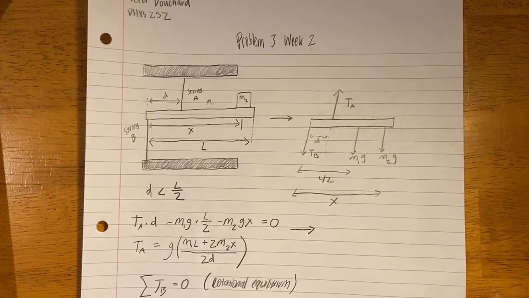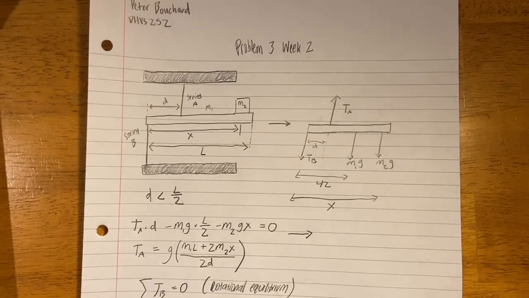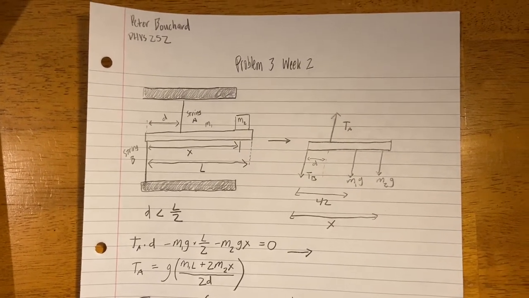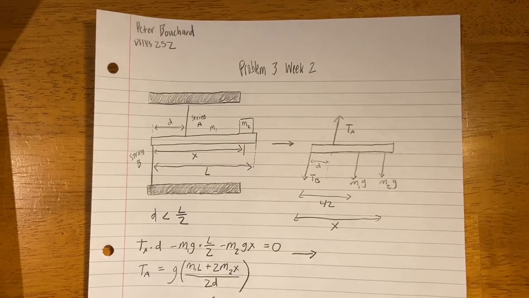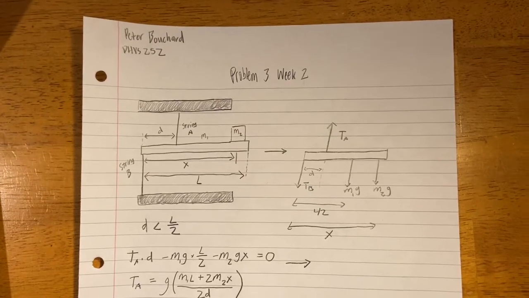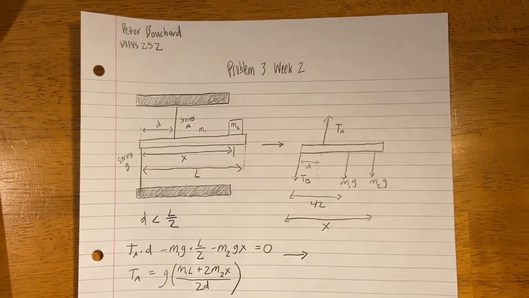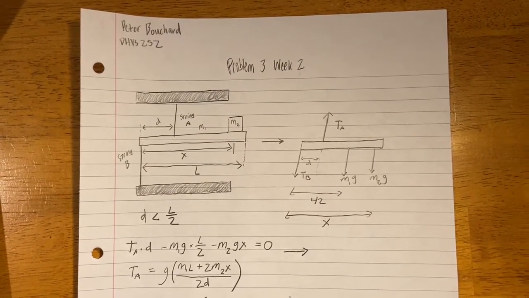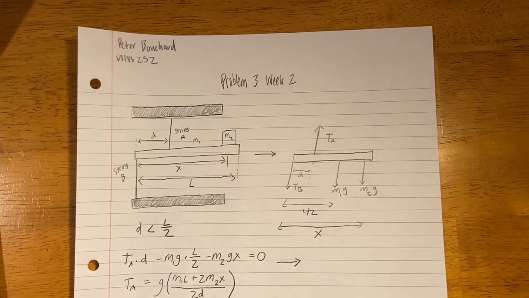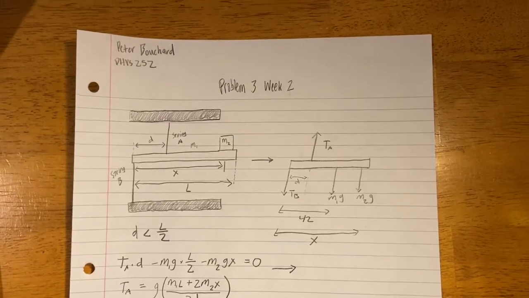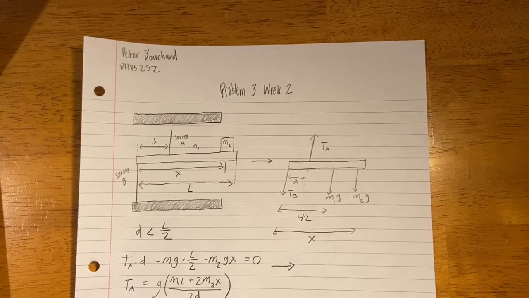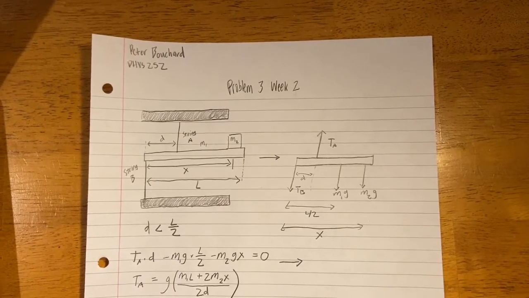So we have the torque of string A times d, that being the distance separating the string from the point of rotation, and then minus m1, the mass of the bar, times the gravitational constant times L over 2, that being the distance of the point of rotation for the bar, and finally x being the distance for the cube.